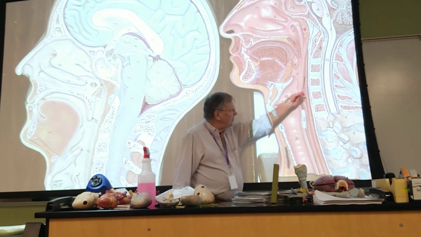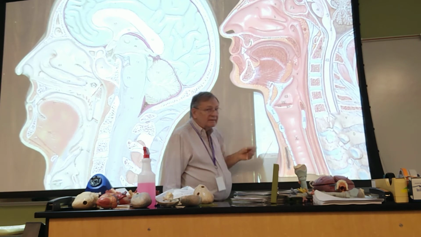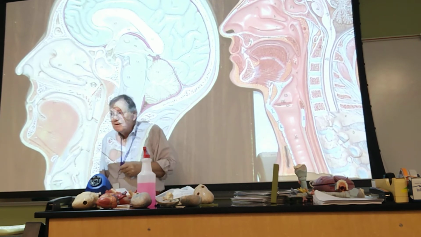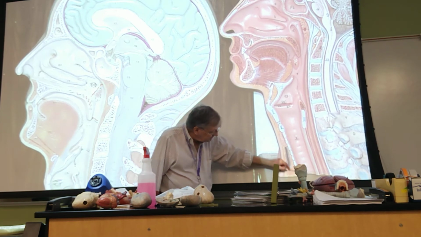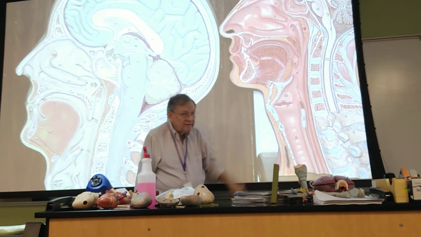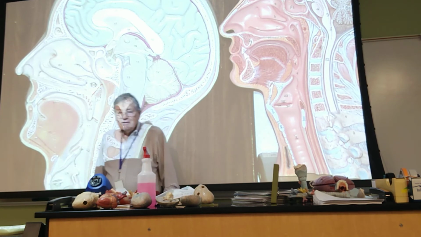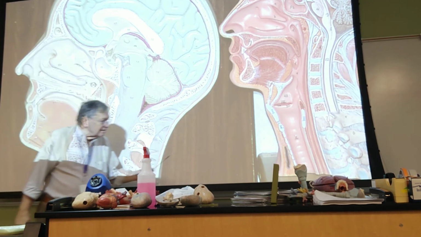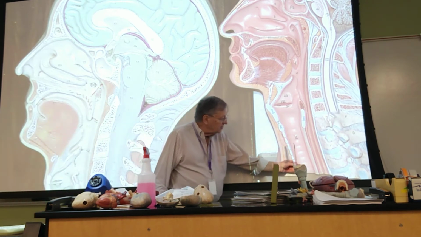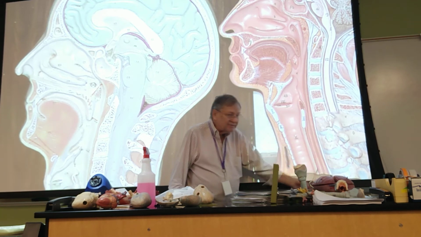So you got pharynx, and now you have larynx. Larynx is continuous with trachea. Trachea, of course, goes to your lungs. So the trachea is in front of, anterior to, the esophagus.